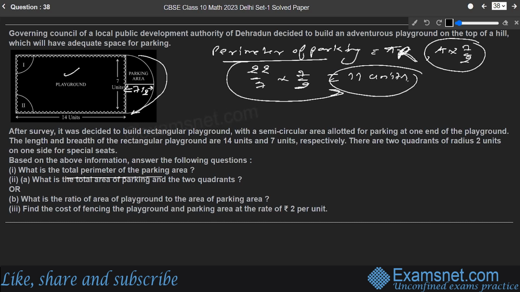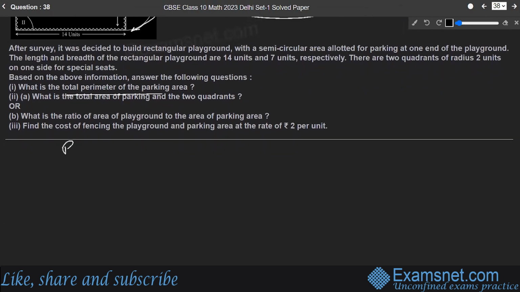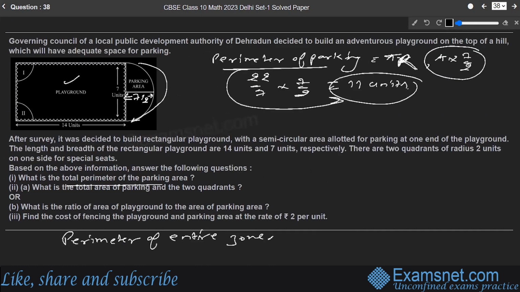Now let us find out the perimeter of the entire region. If you see the entire region altogether, the perimeter of the entire region will be the perimeter of all those sections that are created here, that is, the parking area plus the playground.